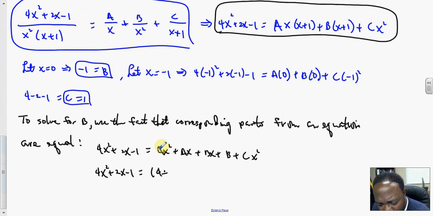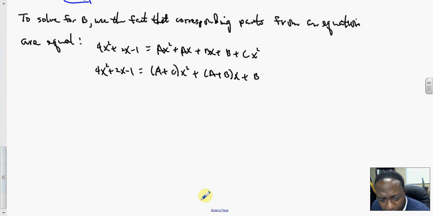This is a plus c times x squared, plus, and then for the x's we have a plus b times x, then plus the constant b by itself.